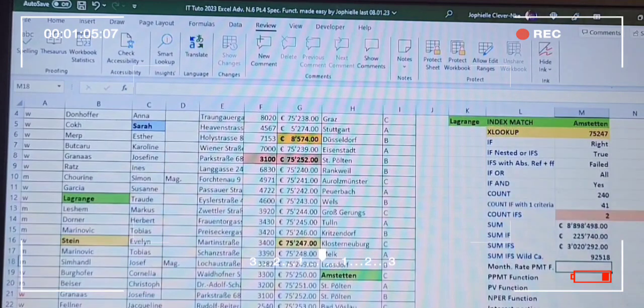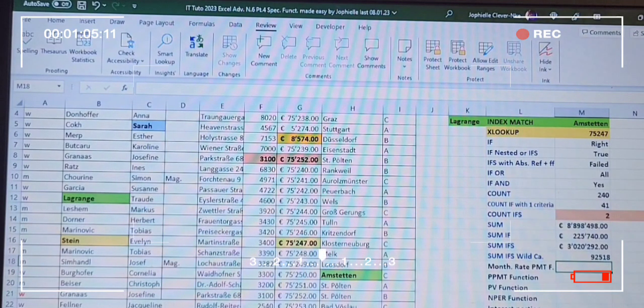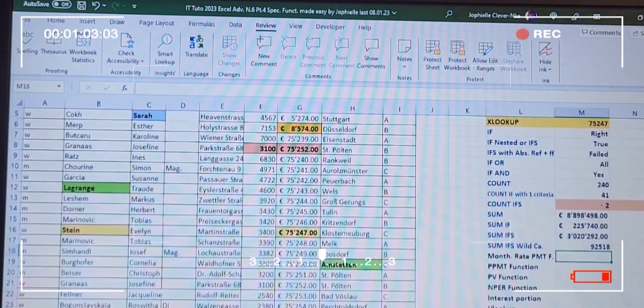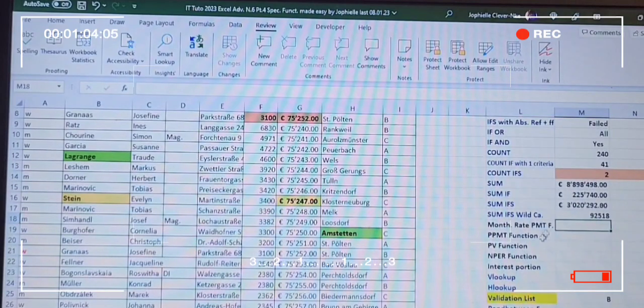As I told you before, we are starting the special functions, the financial ones, like the PMT, PPMT, the PV, NPER, and the interest portion. We are just going to do the financial one today, and the VLOOKUP and HLOOKUP, etc. We are going to do them later. Okay, let's start.